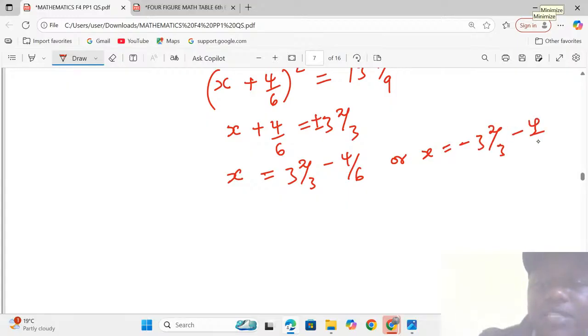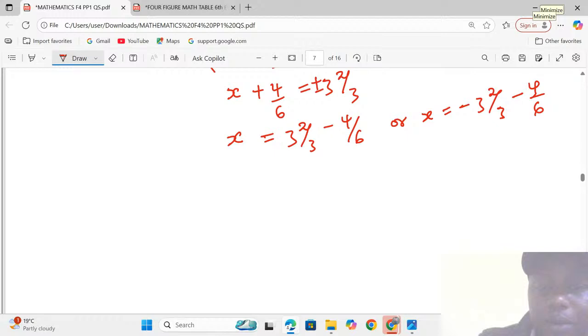minus 4 over 6. So at this point now, 3 and 2 thirds minus 4 over 6 gives us exactly 3, or x equals to negative 3 and 2 thirds minus 4 over 6.